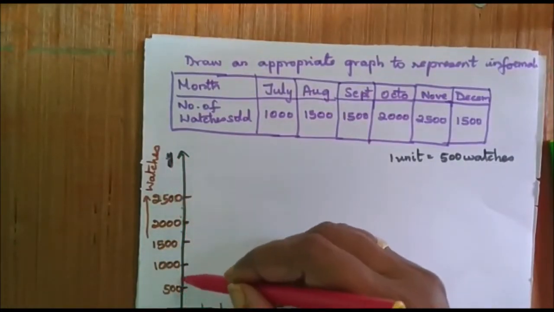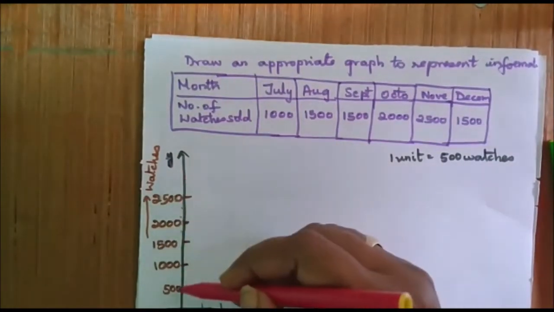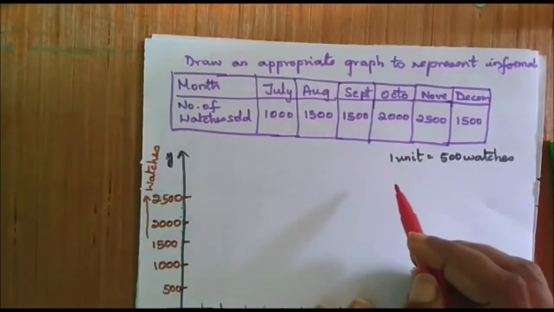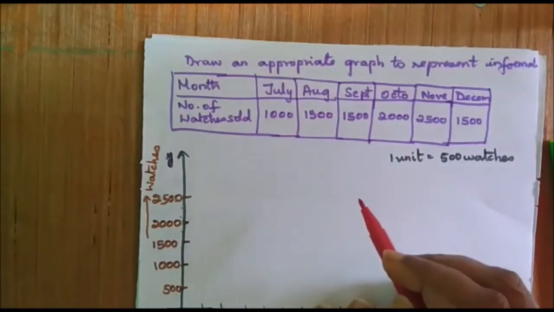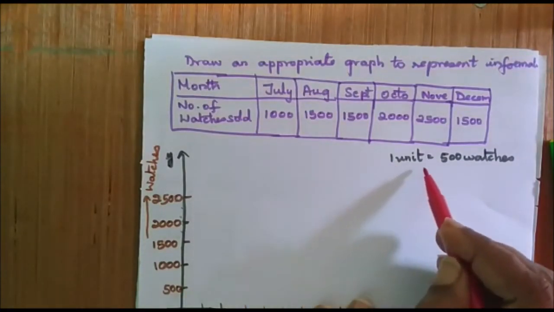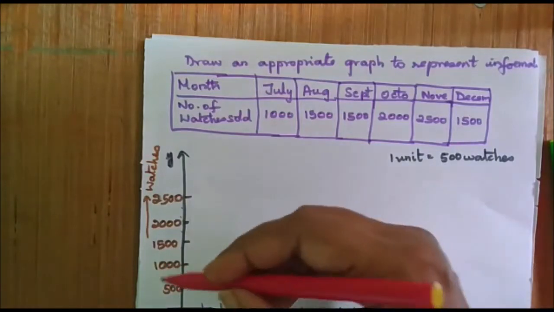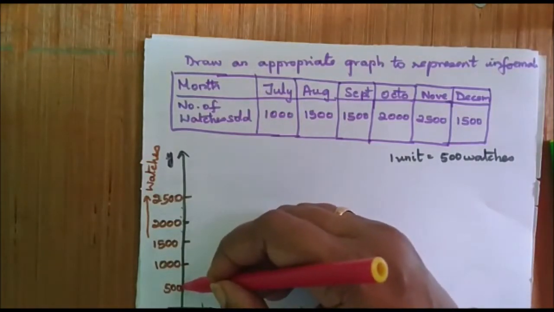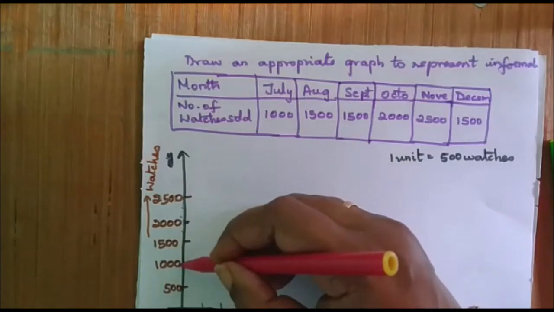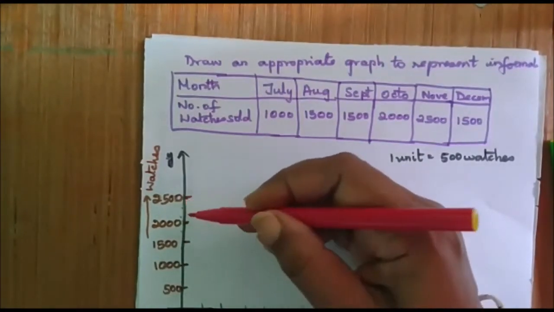I will plot the watches on the vertical axis. I will make a scale before drawing the bar graph. I will make a scale that 1 unit is equal to 500 watches. So the units are 500, 1000, 1500, 2000 and 2500.